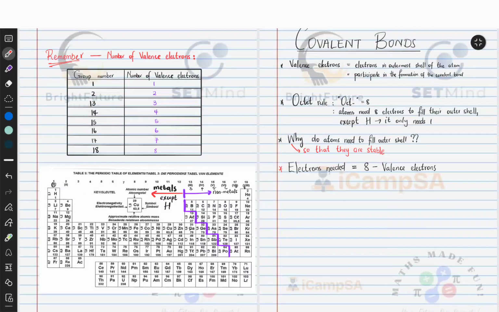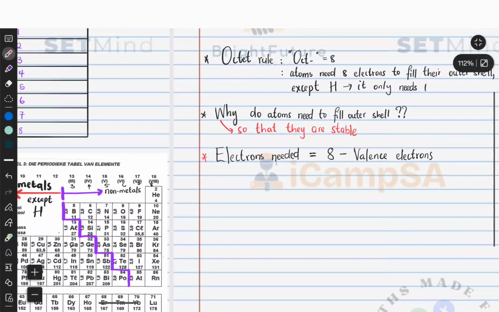When they fill their outer shell by sharing these electrons, they form a new molecule. So we will get to see how that happens using what we call a Lewis dot diagram.